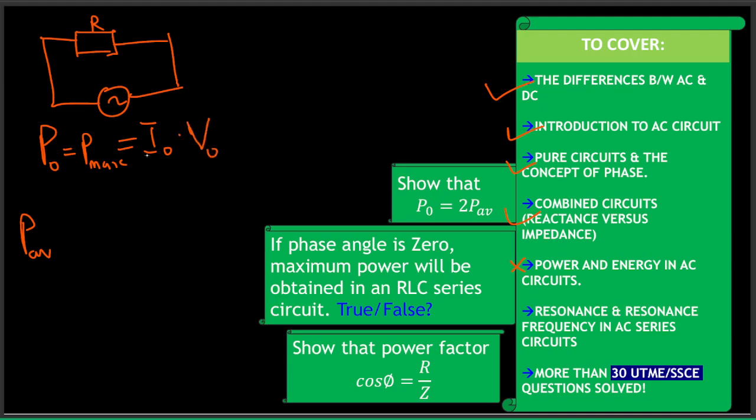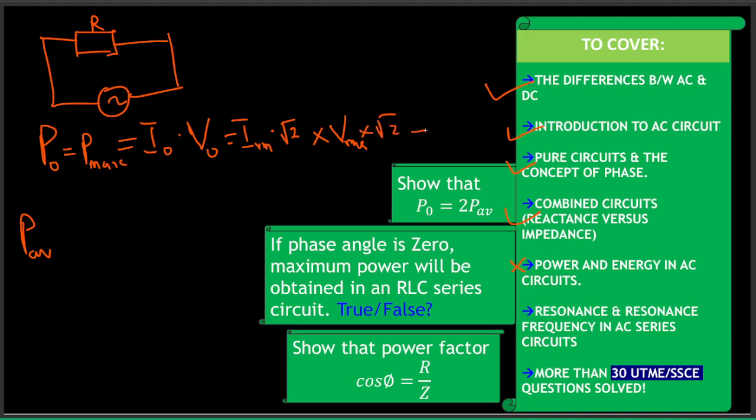All right, now you can as well write it in terms of the RMS value. So if I remember that peak is RMS value times root 2. Do you remember? Peak current is this, then times peak voltage will be RMS value times root 2.